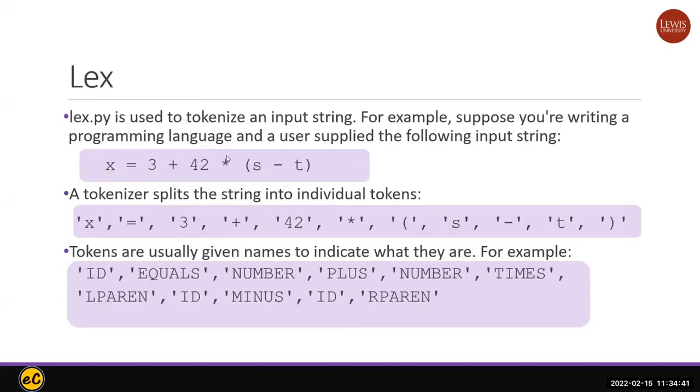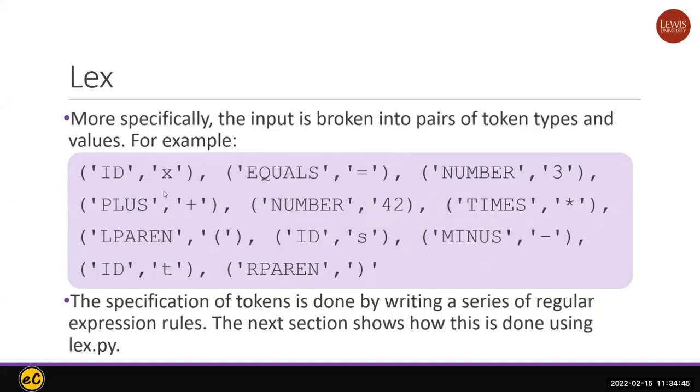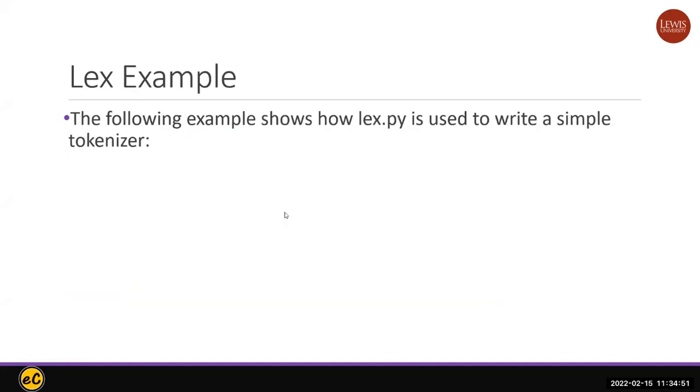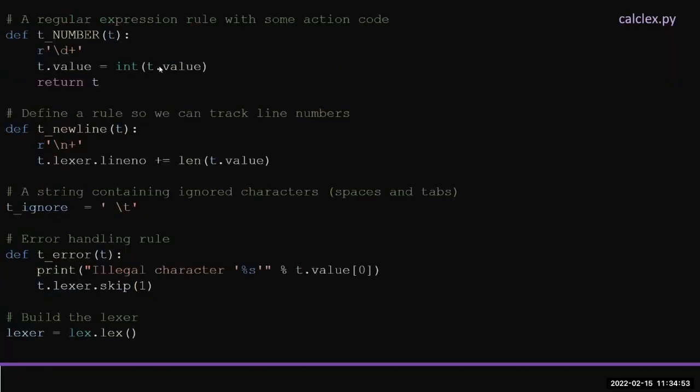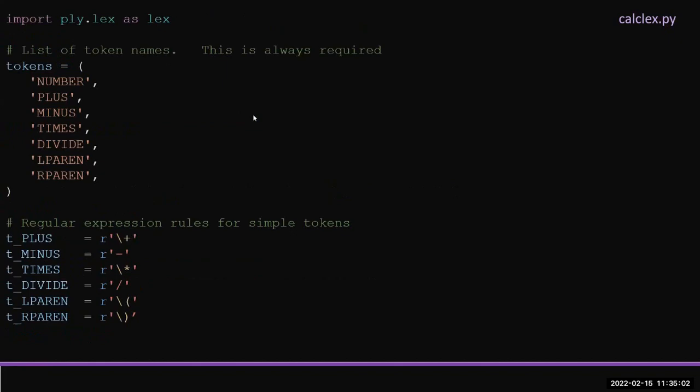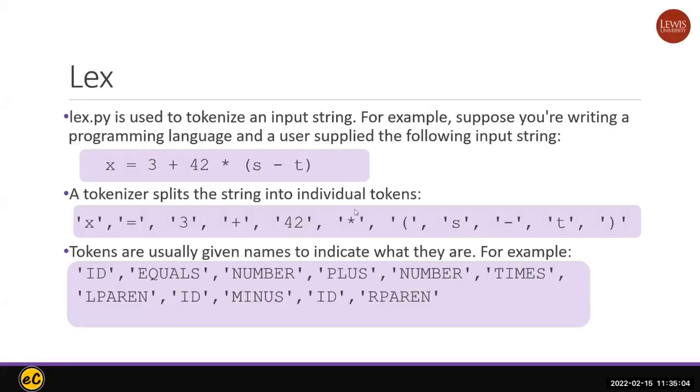Remember that eventually the token will have the token's type and token's value, and the token's value is a string. So that value would be converted to an integer, and then the token will be returned. Okay, the token value will be evaluated. So you will get such a format.